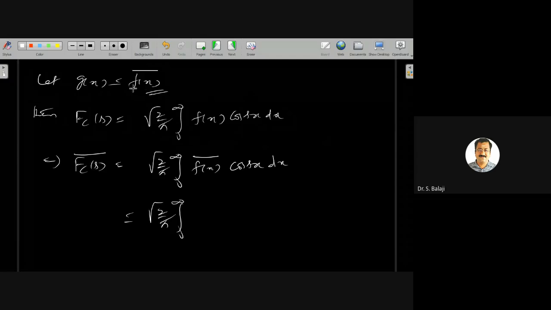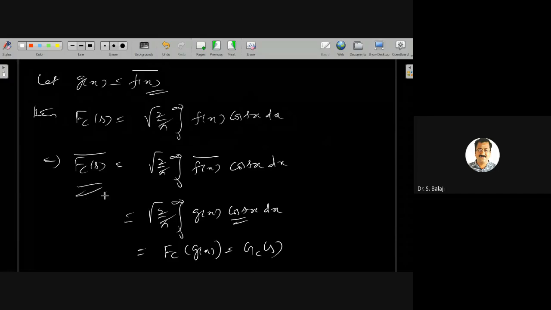F(x) whole bar is now taken as g(x). What is the definition? Root of 2 by pi, integral 0 to infinity of g(x) cosine transform. This is the cosine transform of g(x), which is equal to gc(s).